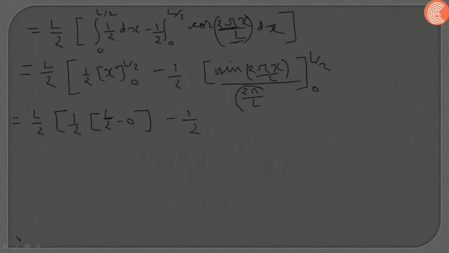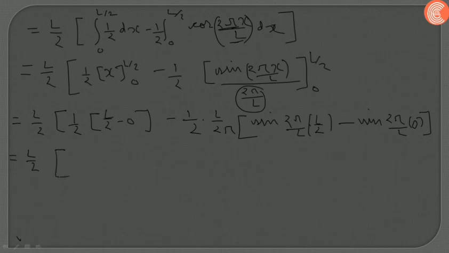Let's put this constant term outside the bracket. So if we put x equals L by 2, let me show you, sine 2 pi L by 2, and the next limit is 0, so sine 2 pi L by 0.